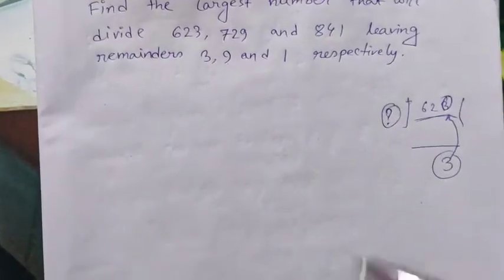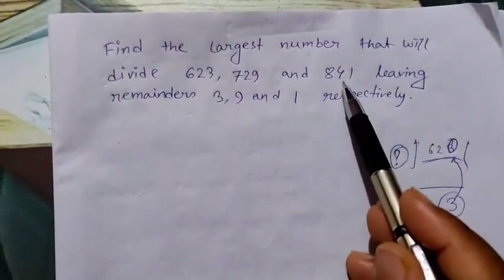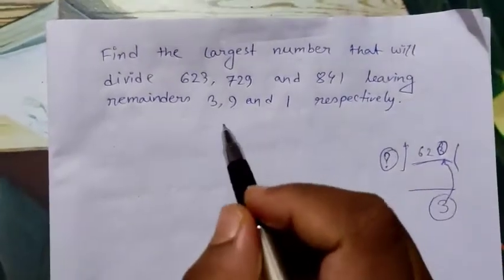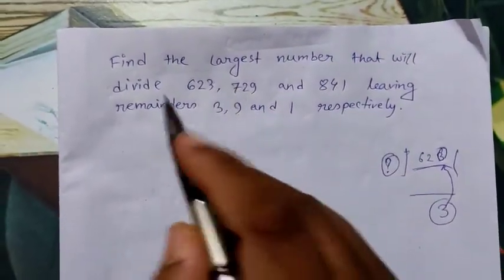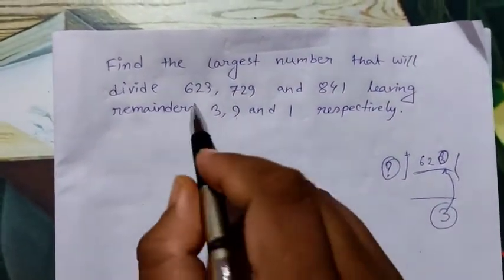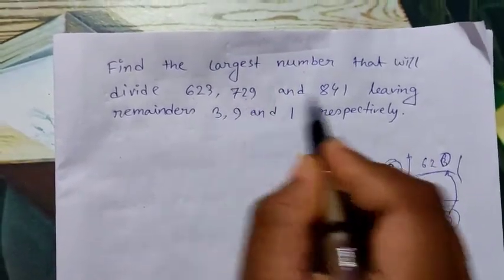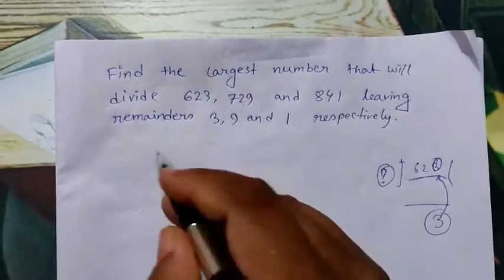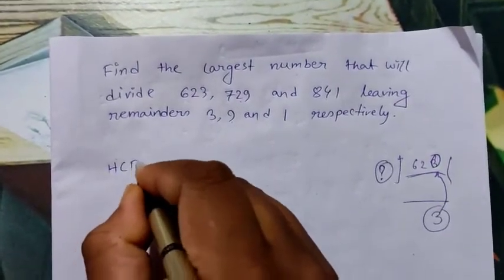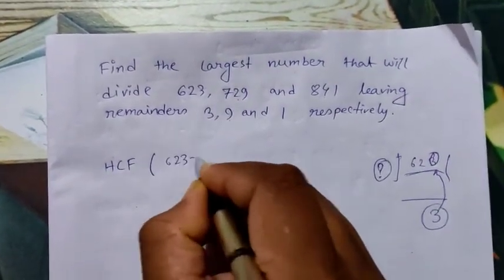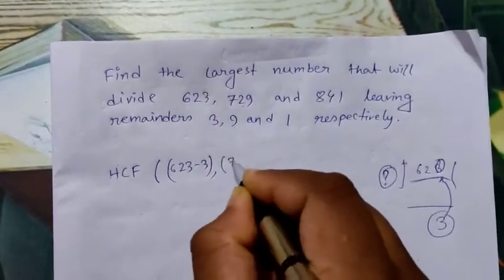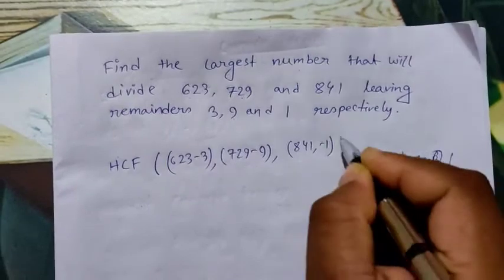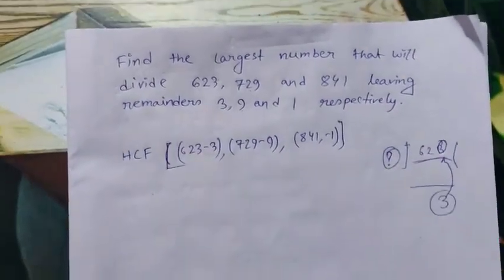And 841 minus 1, that is 840, will also be divisible by that number. So we have to find a common divisor for 620, 720 and 840, and that should be the largest also. So nothing we have to find other than the HCF of 623 minus 3, 729 minus 9 and 841 minus 1.